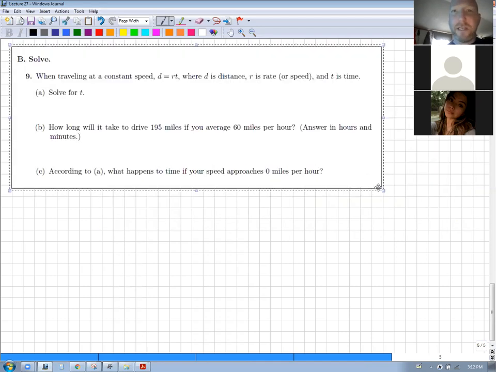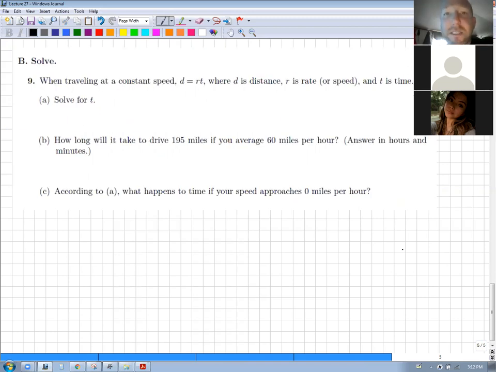When traveling at a constant speed, d equals rt. d is the distance, r is the rate, and t is the time. Solve for t. All right, well, just divide both sides by r. How long will it take to drive 195 miles if you average 60 miles per hour?